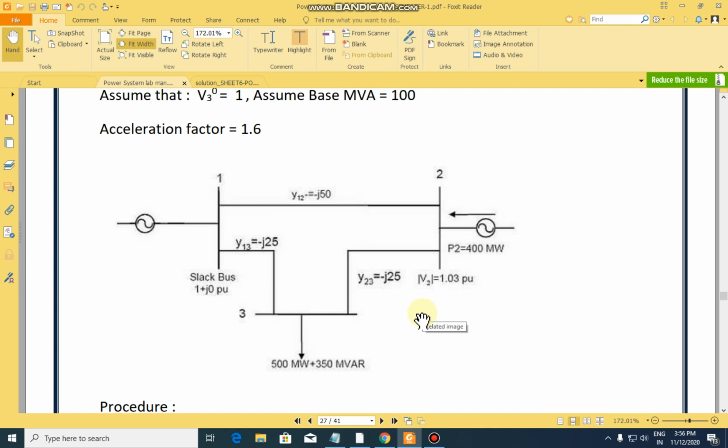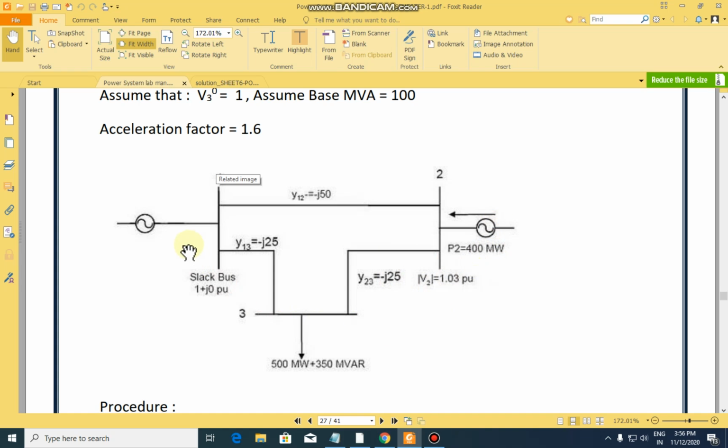In the previous example, for the same system, we calculated the Y bus using MATLAB programming. Now for the same system we will see how to calculate the different voltages and reactive power.